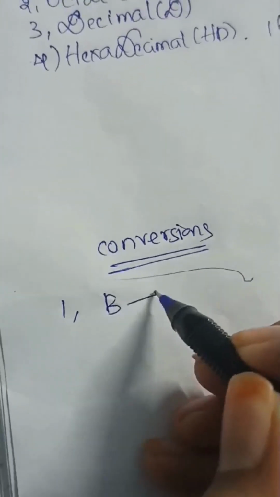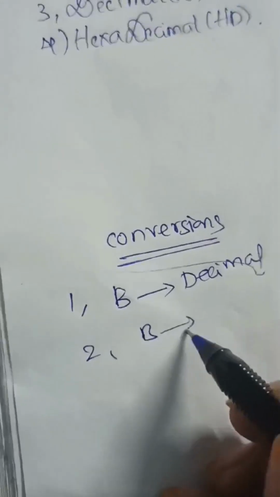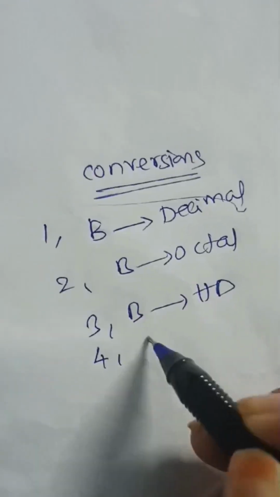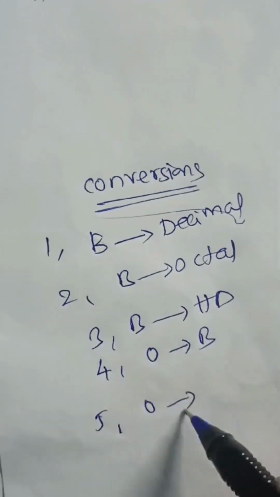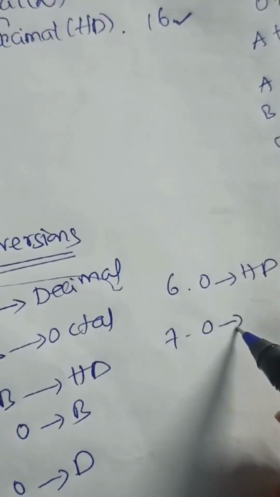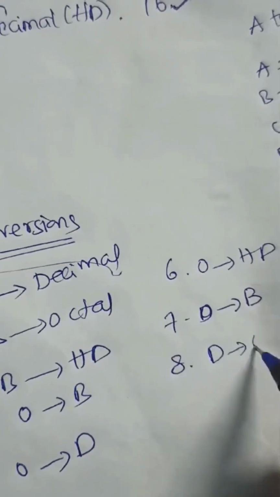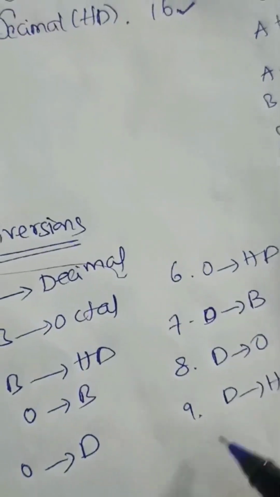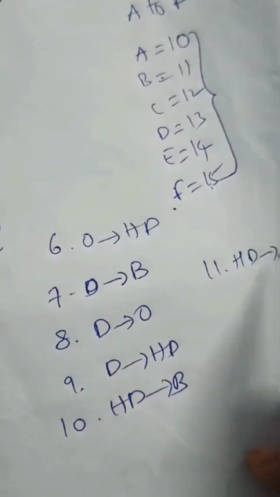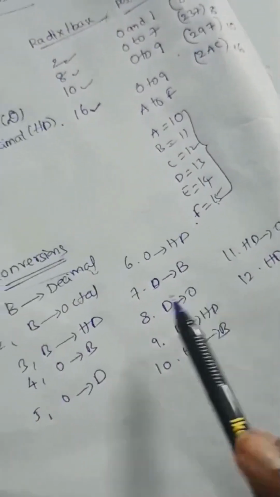They are binary to decimal, binary to octal, binary to hexadecimal, octal to binary, octal to decimal, octal to hexadecimal, decimal to binary, decimal to octal, decimal to hexadecimal, hexadecimal to binary, hexadecimal to octal, hexadecimal to decimal. These are the conversions of number system.